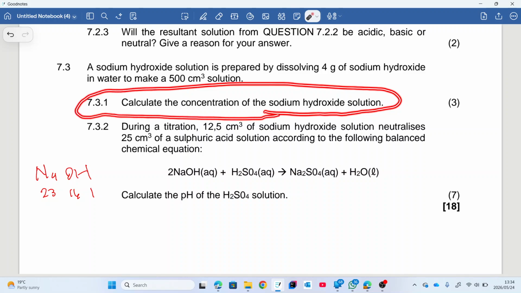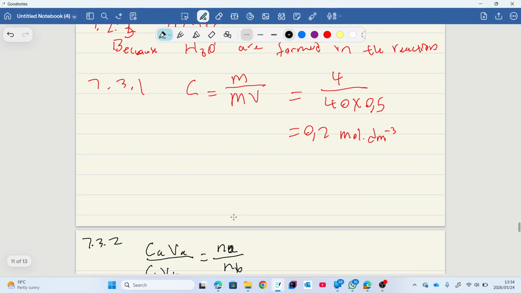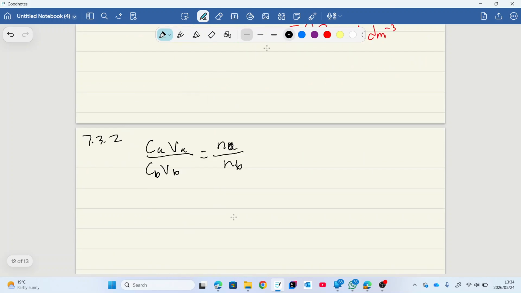Can you see it? Yes. So therefore we go down and substitute concentration. Where there is Ca, we leave it as Ca. Where there is Cb, we give it a value 0.2.